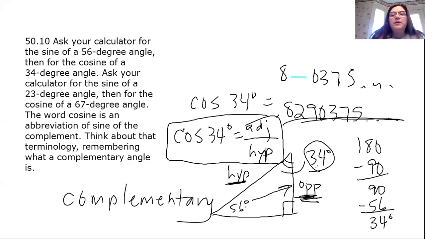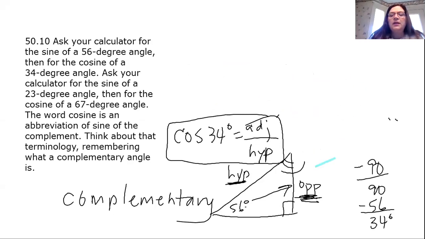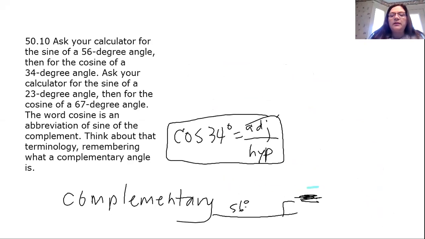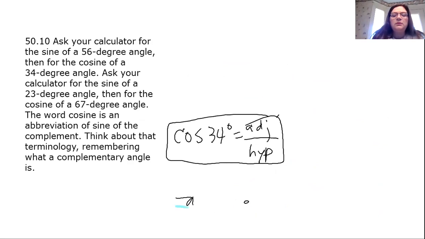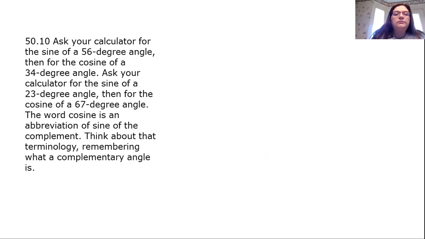So let's look at the second part of this question. The second part has us try it again on another set of angles, and I don't know, do they work out as well? This says, ask the calculator for sine 23 and cosine 67.